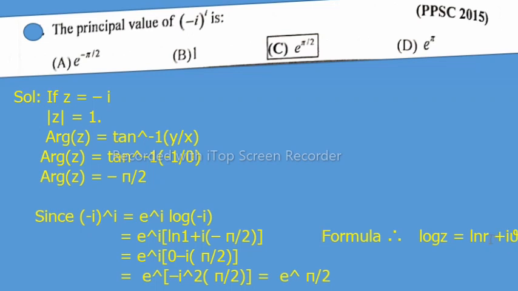So r is equal to 1, theta is equal to minus pi over 2. So the natural log of 1 is equal to 0, minus iota into iota times pi over 2. So iota multiplied by iota is iota square, so minus iota square into pi over 2. So minus iota square is equal to plus 1, giving e power pi over 2. So option C is correct.